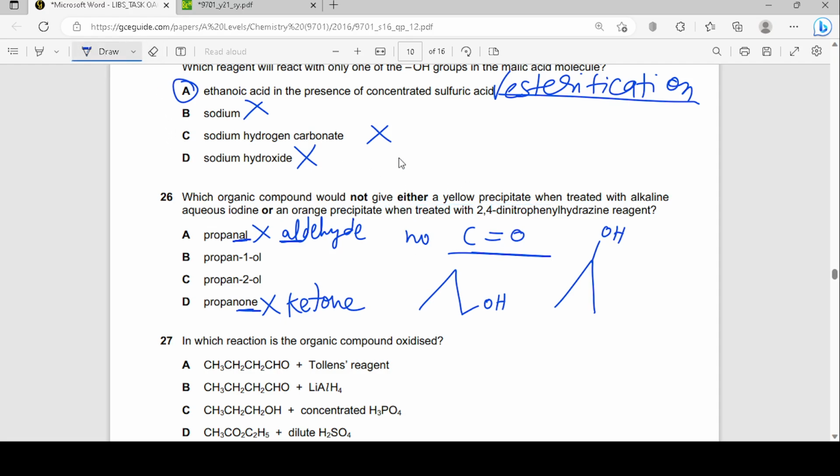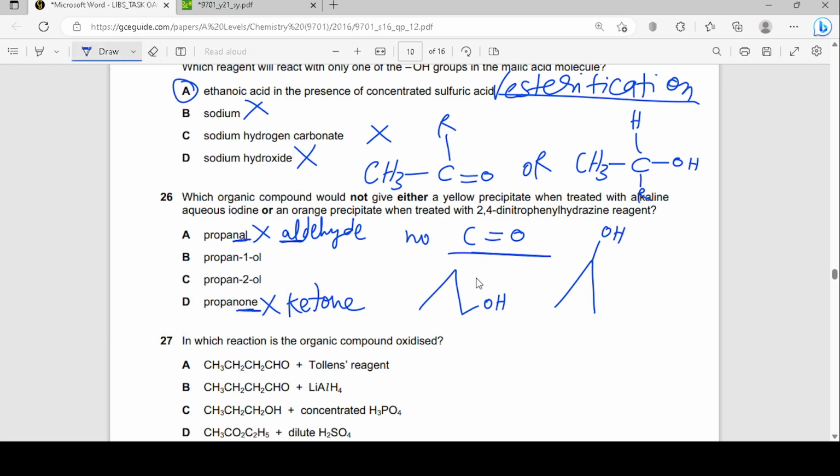It's a test for either a methyl ketone, which is CH3CO with something attached, or a secondary alcohol with an adjacent methyl group, like CH3CH(OH)R. This is a secondary alcohol because there is an R group and a CH3 attached to the carbon atom which the OH is attached to, right?